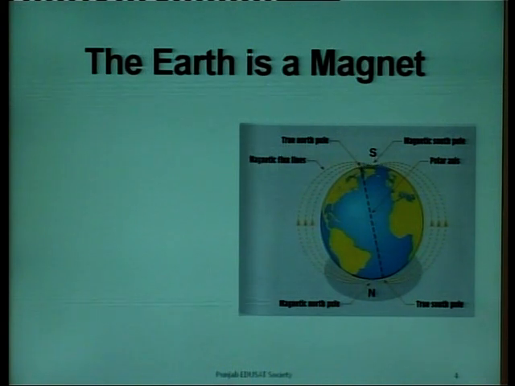The whole earth is divided into the north pole and south pole, and the magnetic lines of force travel from north to south. This is the magnetic north pole and it is called the true south pole, and the true north pole is called the magnetic south pole, and in the center, as we say the equator, it is the polar axis. So, the magnetic lines of flux are there.